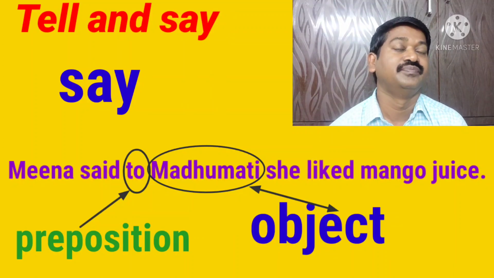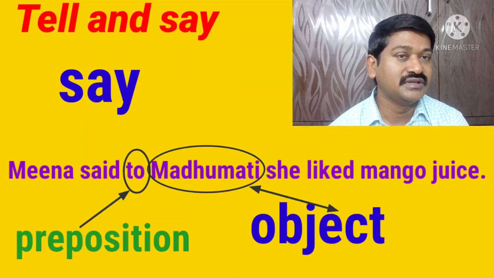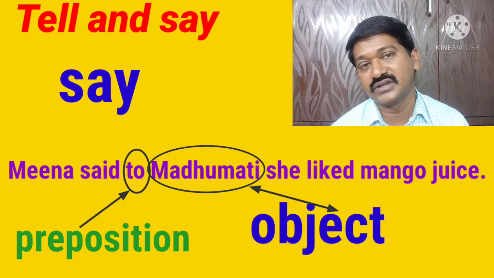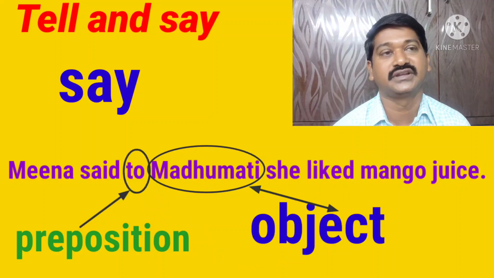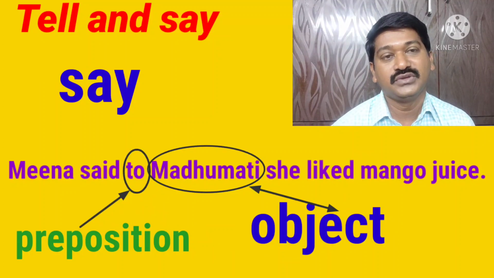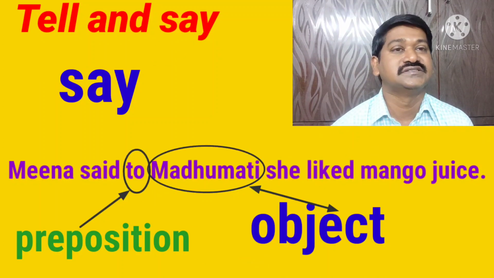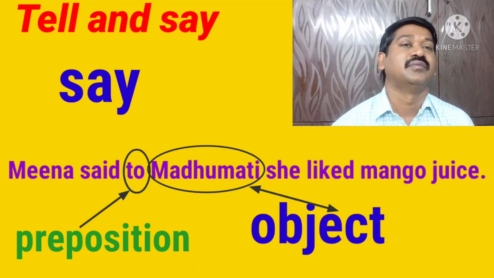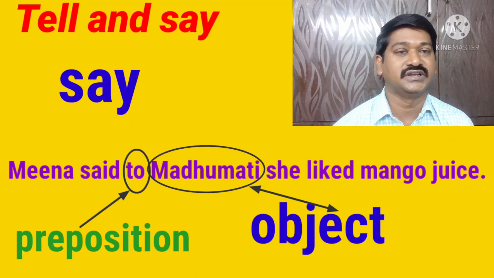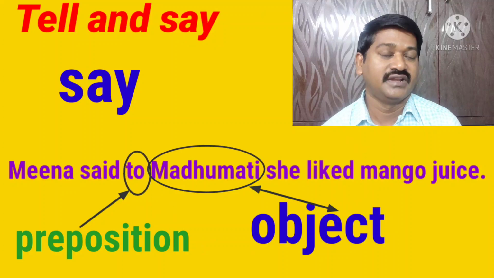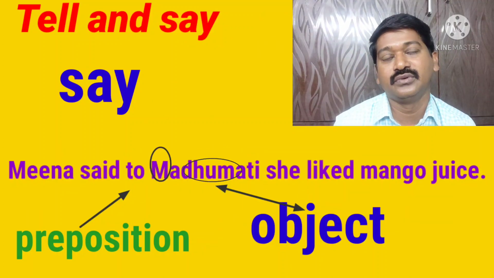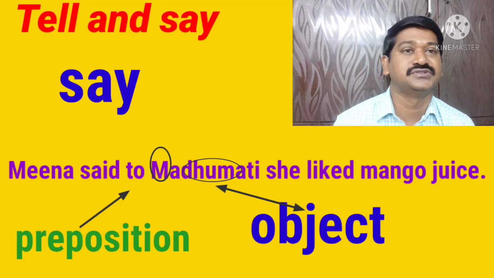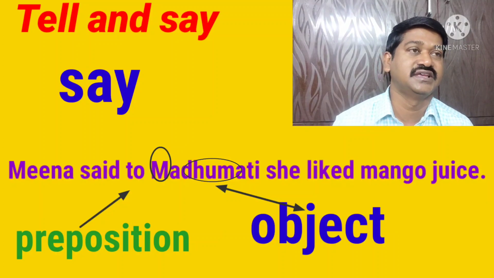After said, we should use the preposition to, and after that the object can come. So we used Meena said to Madhumati. Madhumati is the object. If you use the preposition to after said, we can use the object also. This is an exemption.